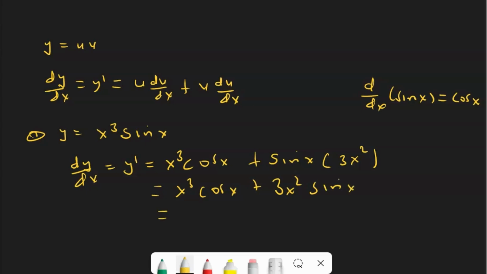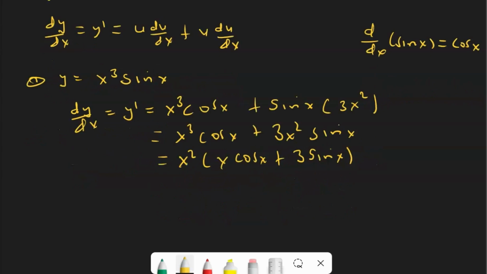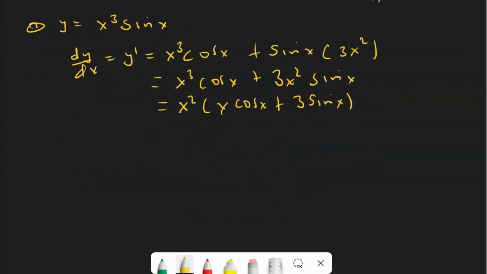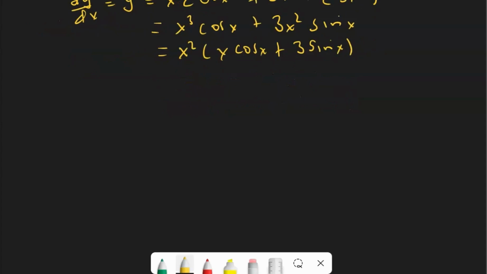We can factorize the x squared out, so we have x squared, bracket open, x multiplying cos x plus 3 sine x, as our result. Let's look at another example. Let's call it our example 2.